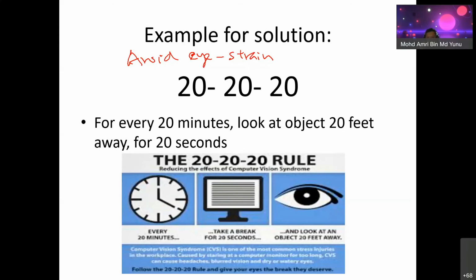Basically, look at some object, better a green object, at least 20 feet away. So it is 20 feet for 20 seconds, every 20 minutes. Make sure that you give your eyes some rest.